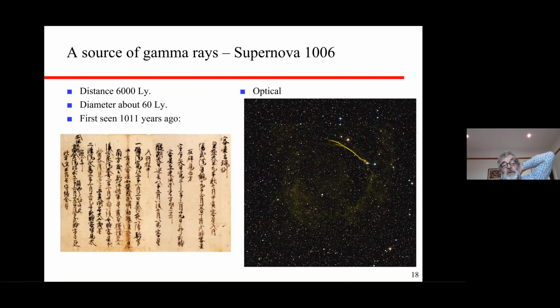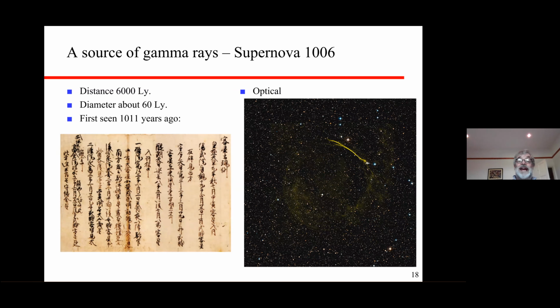As we mentioned when talking about cosmic rays, one of the possible sources of cosmic rays was supernovae. So can we see any evidence of high energy photons coming from supernovae, which would indicate that our idea may well be true? Let's look at supernova 1006.